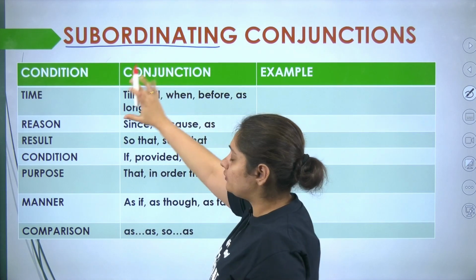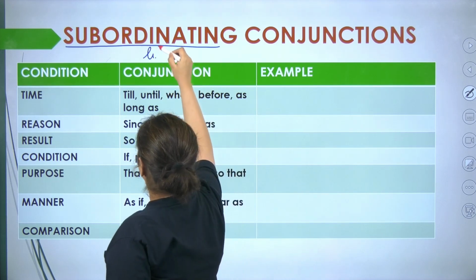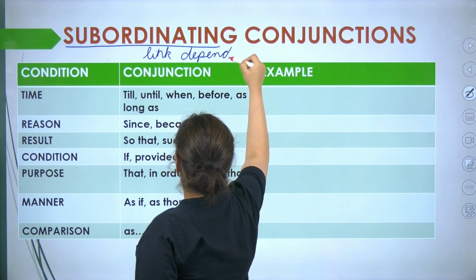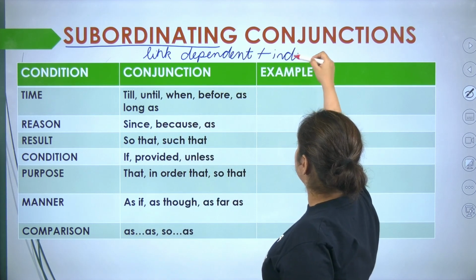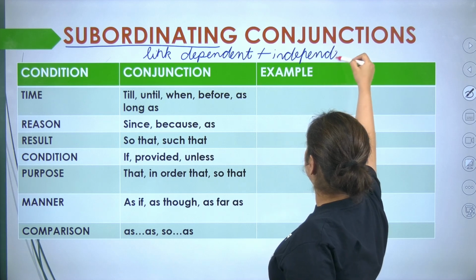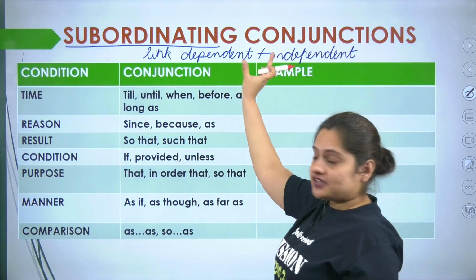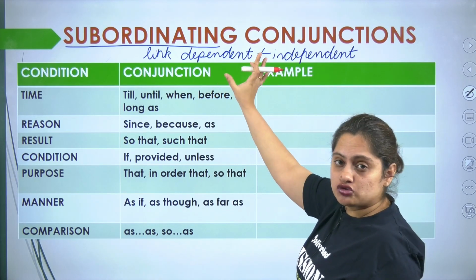Till now I was telling you coordinating conjunctions link two equal things, but here they link dependent and independent. I'll show you with examples, but let me first give you the definition.